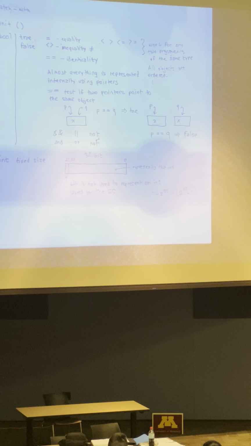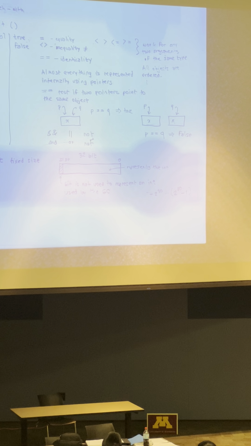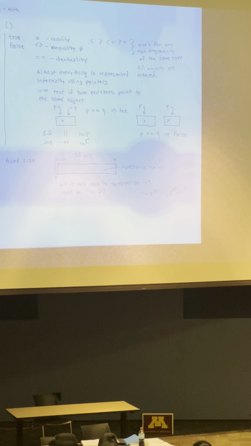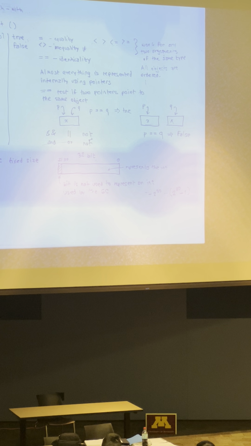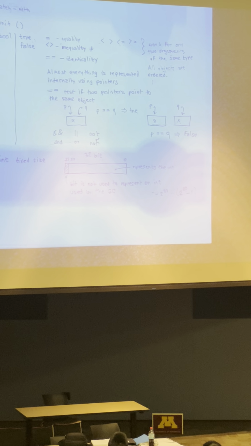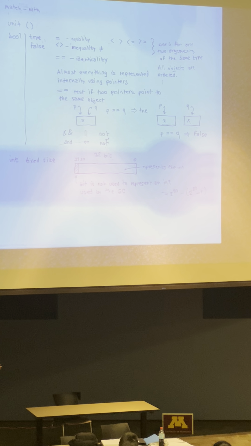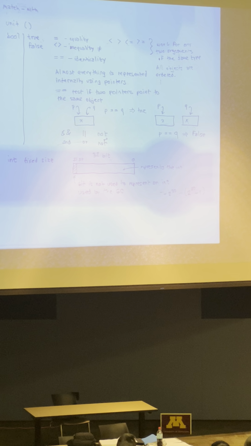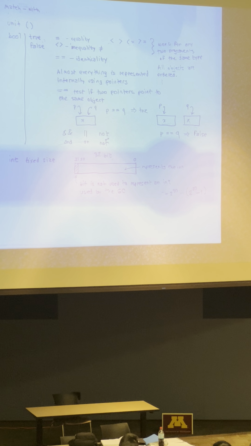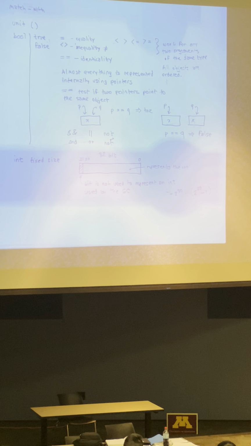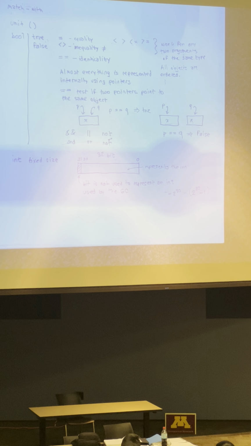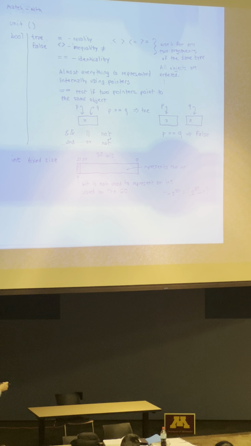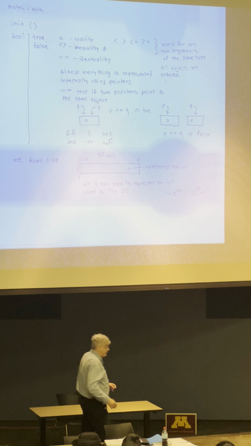That means there must be one less positive number than there is a negative number. Now, for those of you who did not understand what I just said or don't care about it, in practice you don't need to worry, because the sizes of integers are large enough that for most practical purposes you won't run into cases where you have an integer that's too big to represent. Certainly not in this class.